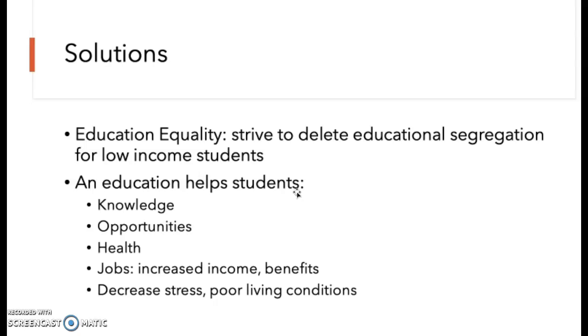Studies show that once you get a high school degree and up, so college education as well, but as long as you have a high school education, you have increased income, benefits, decreased stress, and you decrease those poor living conditions. And there's just so many benefits for long-term solutions, such as educating our youth.